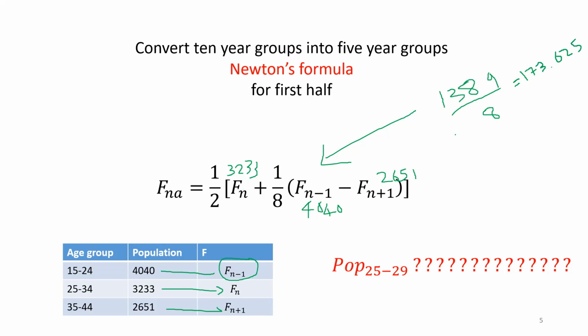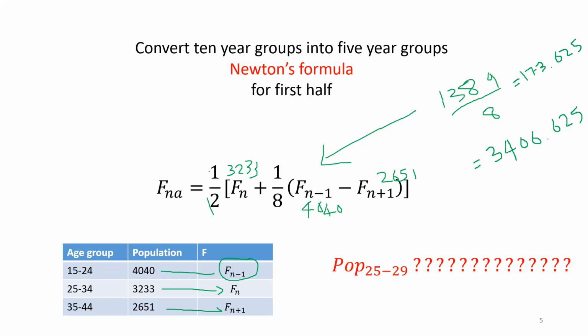You need to add 3,233 to 173.625. Then the answer is 3,406.625. Again, you should divide that by 2.